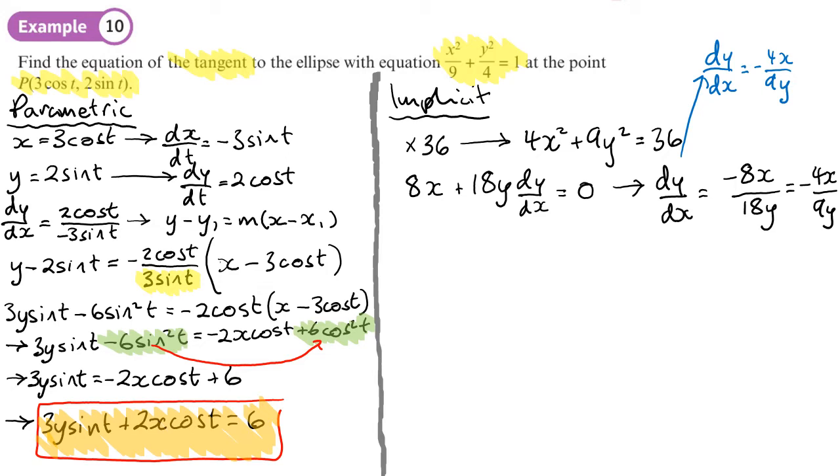We want to find the gradient at this point P. Okay, so at P, dy dx becomes minus 4x. So minus 4 times by x, which is 3 cos t. So notice this way, implicit, you need the x and the y coordinate, and then 9 times by 2 sine t.